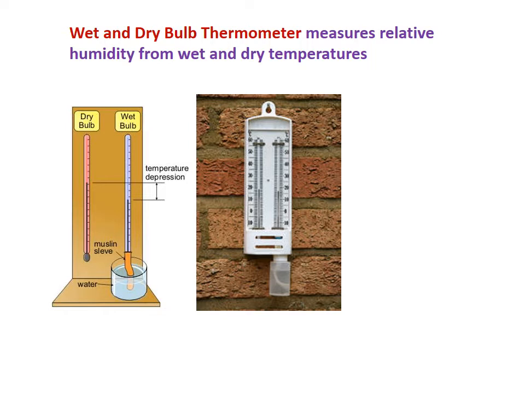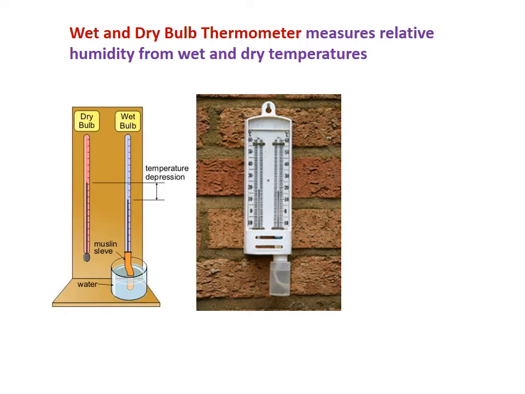If you look at the temperature after a few minutes, you can see that the wet bulb is recording a temperature a bit lower than the dry bulb thermometer. So you notice the difference between the two, the dry bulb temperature and the wet bulb temperature.